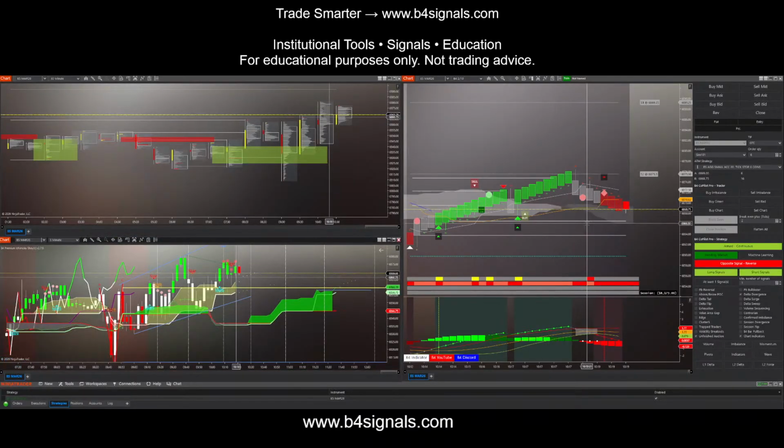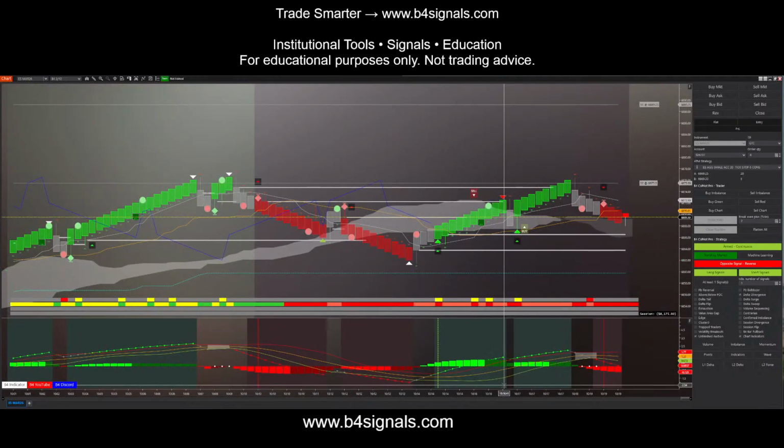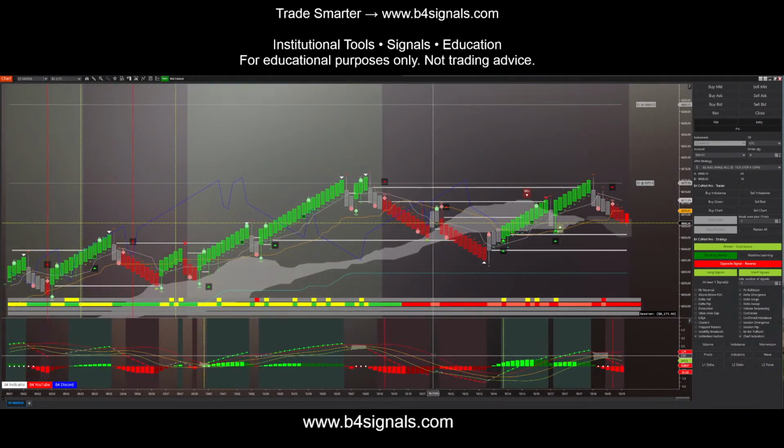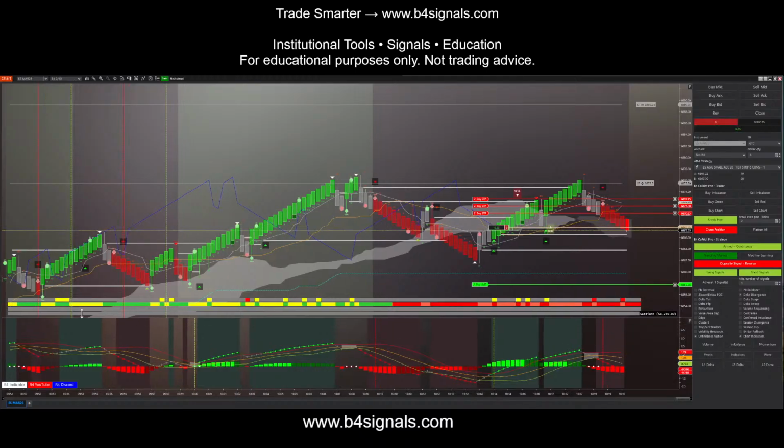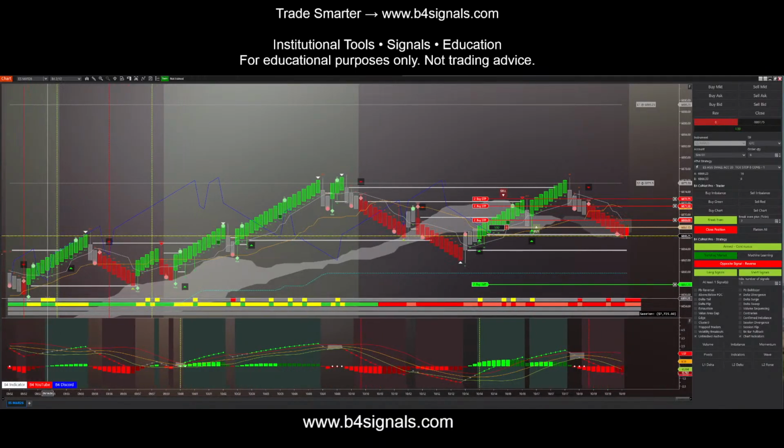Let me show you something here. I want you to notice this bottom footer right here with these little reds and yellows. Go through and look at that. If you see a yellow, that's a buy opportunity. If you see a red, that's a sell opportunity. Go through and start looking at them, one-to-one, and count how many times you actually won.